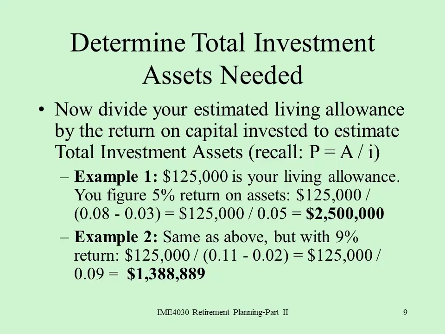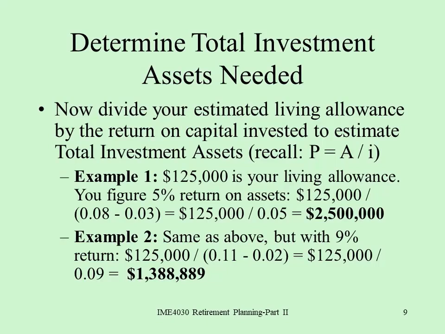And so in example 1, if we use $125,000, which we had talked about before, and we use our example 1 retirement percents, then 8 minus 3 is the 5%. We divide that into 125,000, and that's $2.5 million we would need to have in order to generate $125,000 a year that we could live off of and pay our taxes.